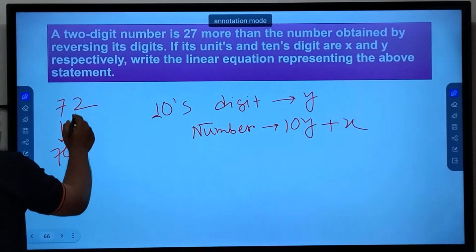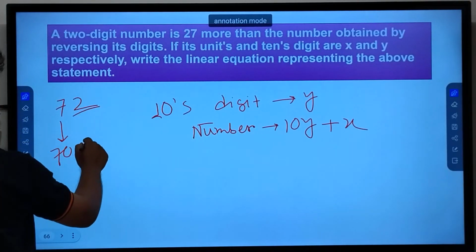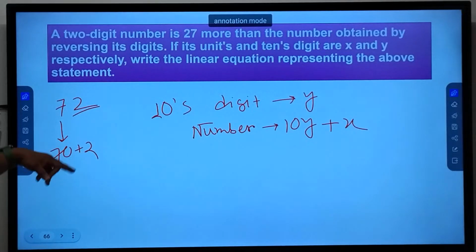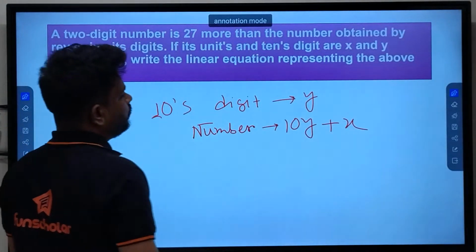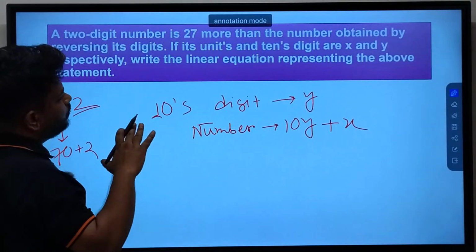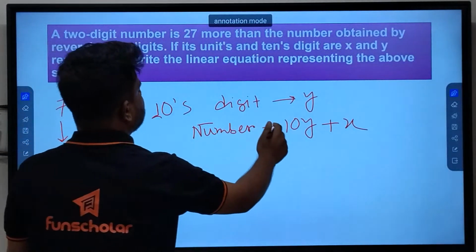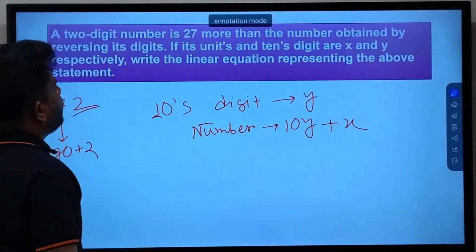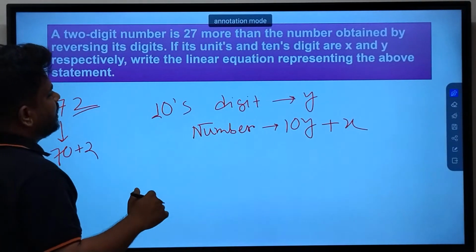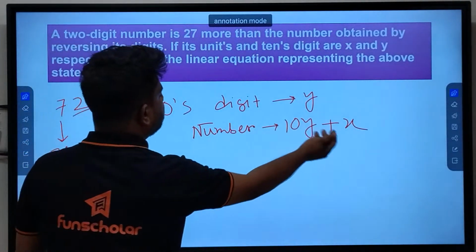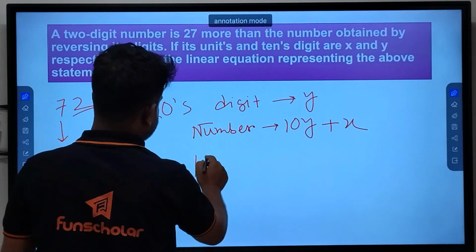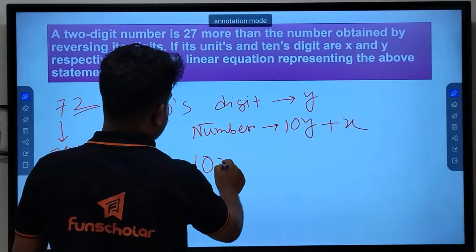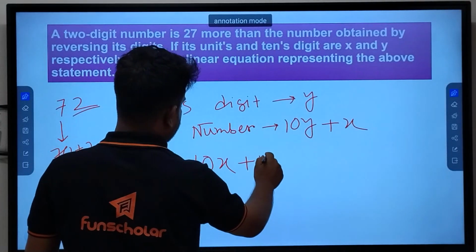Like in 72, the unit digit is 2, and we can just add 2 to 70 to make it 72. Similarly, we can do it here also. So this is the number. And what they are asking is that if we reverse the digits, y and x, it will be 10x plus y.